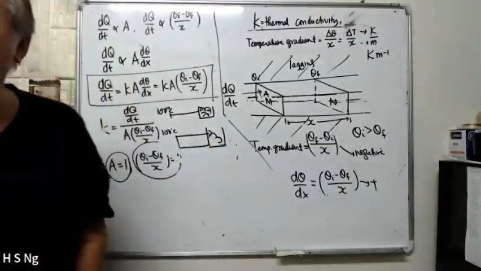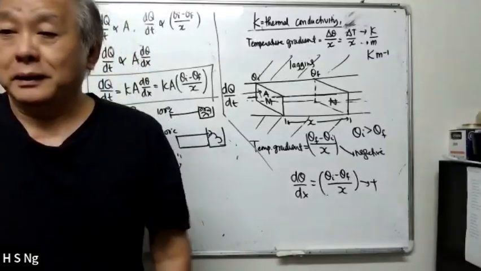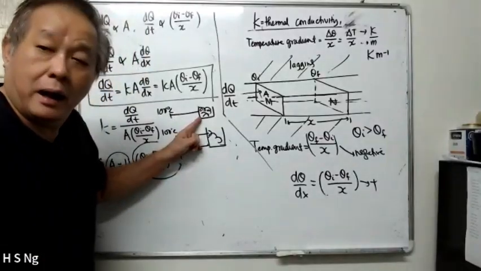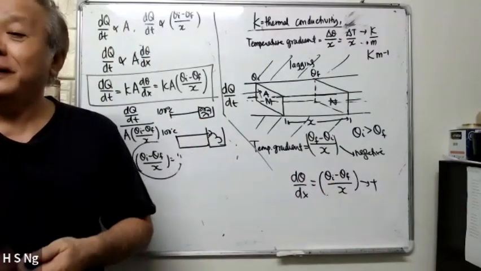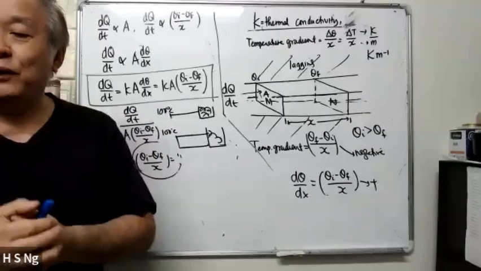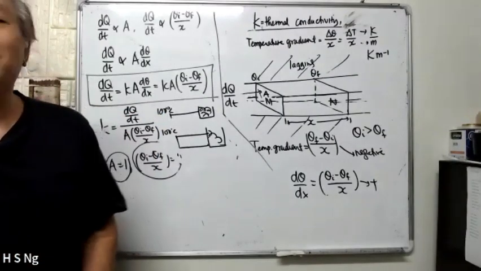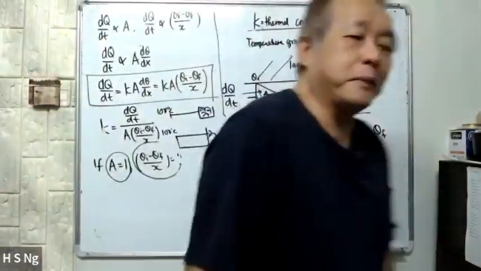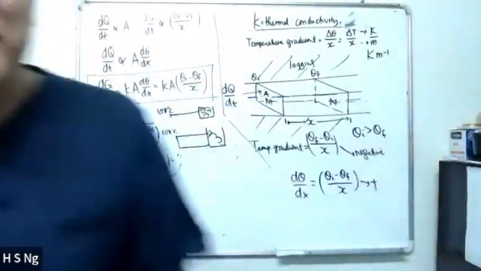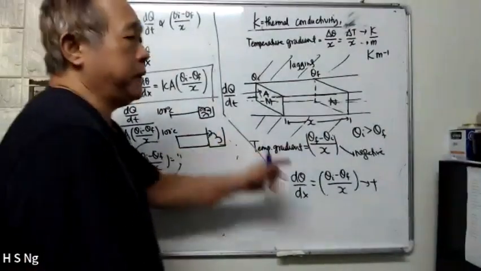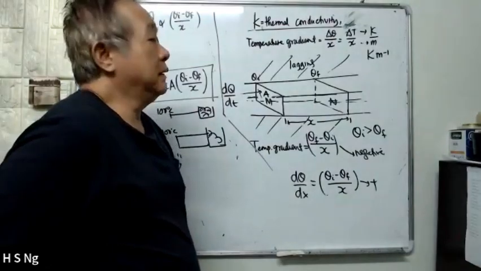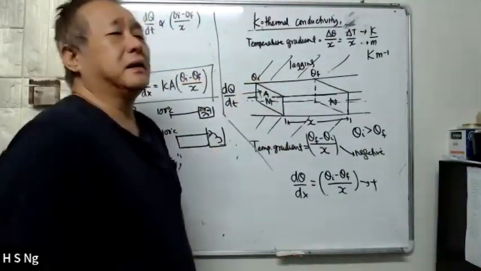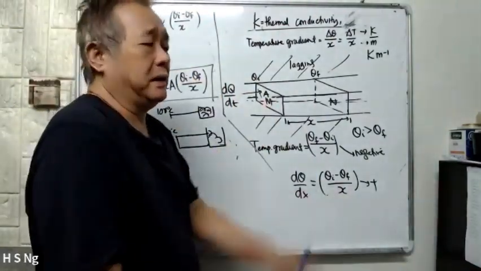Which one will melt first? The fat one will melt first. Common sense is quite important in physics sometimes. Of course, the fatter the area, the more heat can flow. If the cross-sectional area is thinner, the heat cannot flow as much.